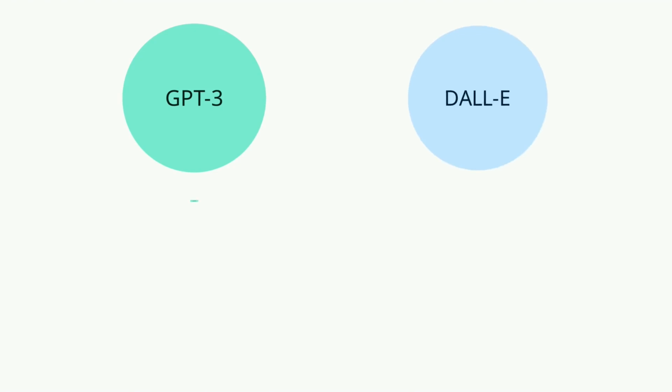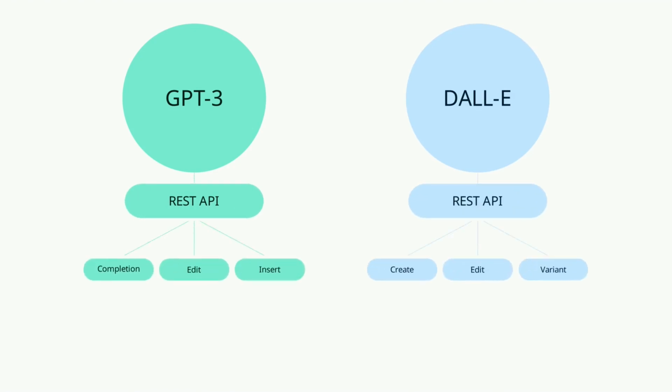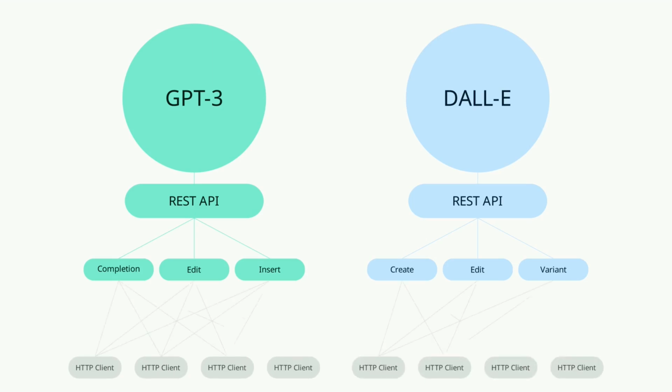OpenAI has state-of-the-art language models trained on colossal datasets which they expose through RESTful APIs. For example, OpenAI's GPT-3 API can be used for natural language processing tasks such as text summarization, text classification, translation, or even generating code, while the DALL-E API can be used for image and video manipulation tasks.